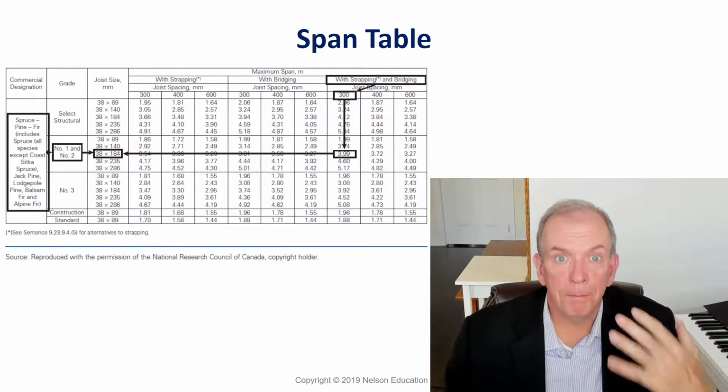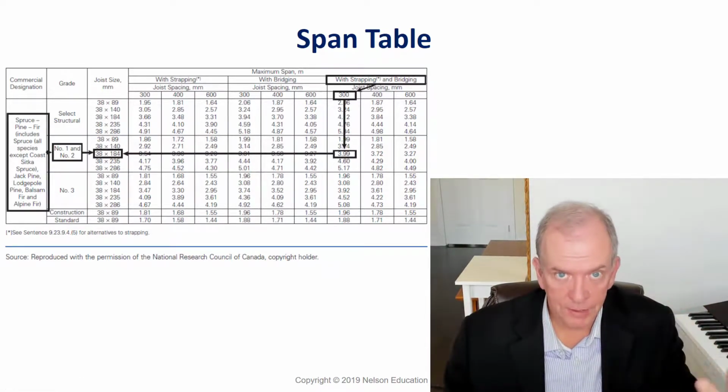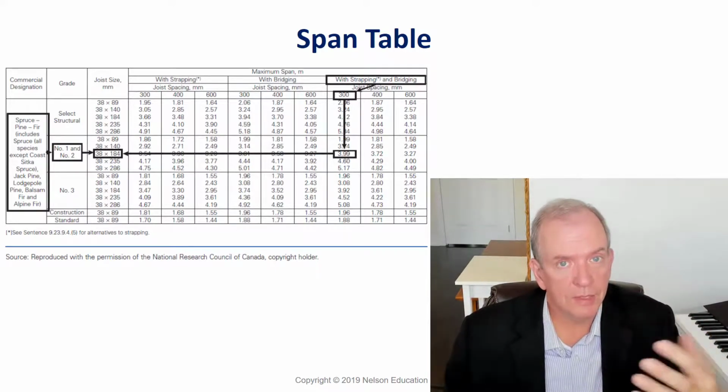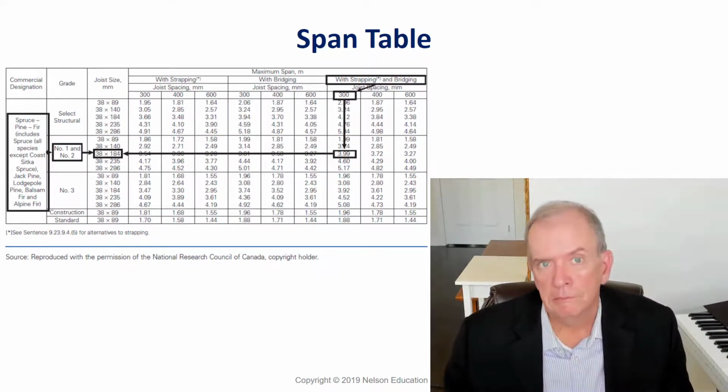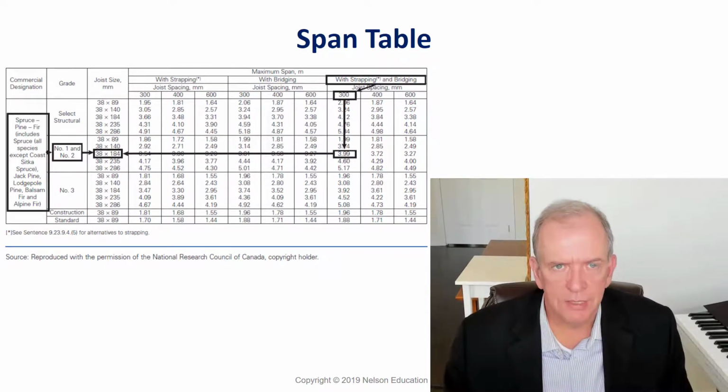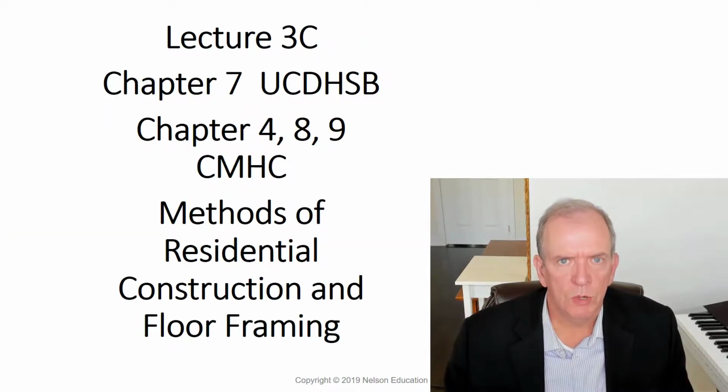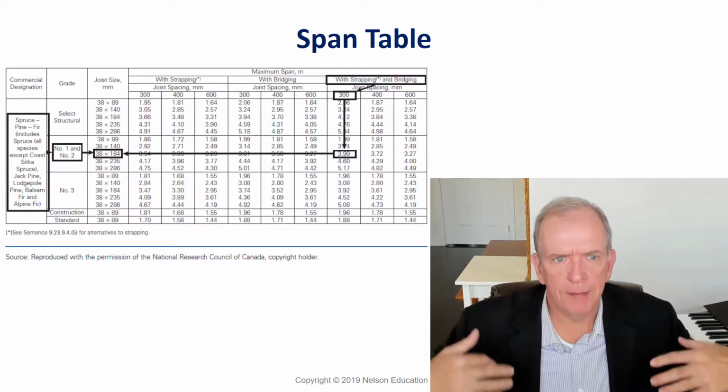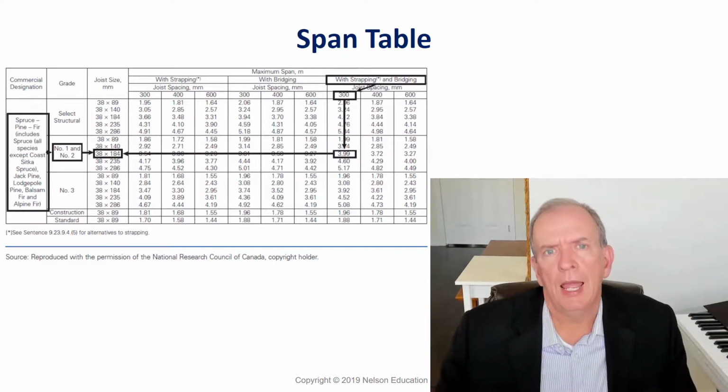Remember, the building code is the minimum legal standard. Anything below that's illegal. So when you cut it really tight, it's okay, but it might deflect, you might feel a little bit more bounce in it, that sort of thing. So that gives you a good heads up on dimensional lumber and how it is used for floor framing.